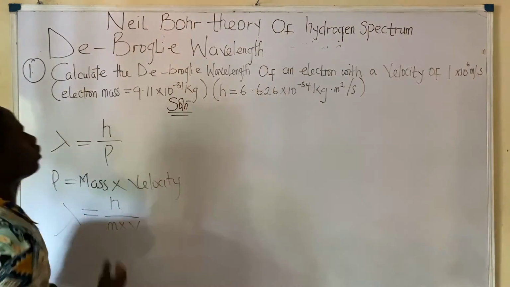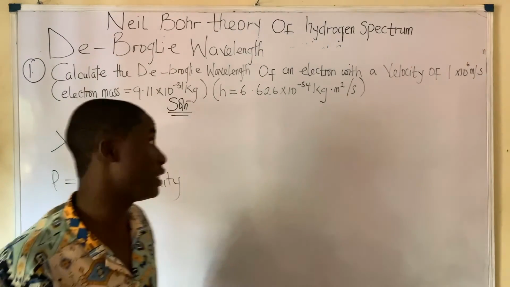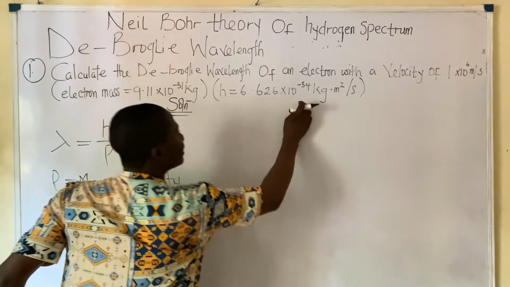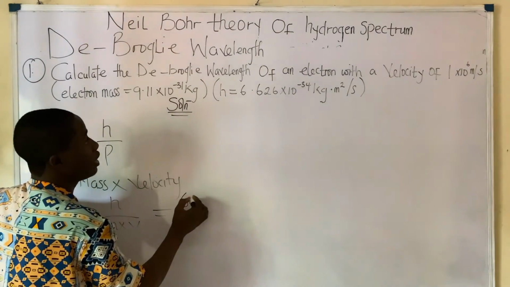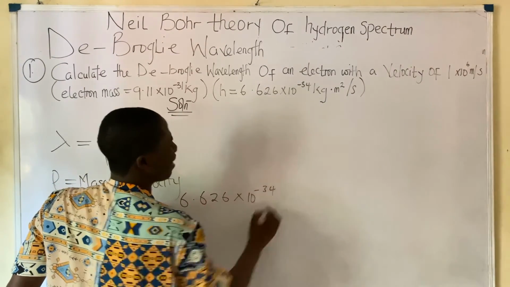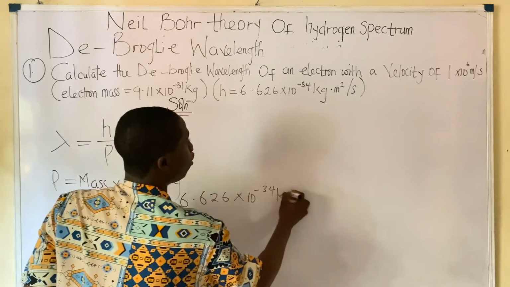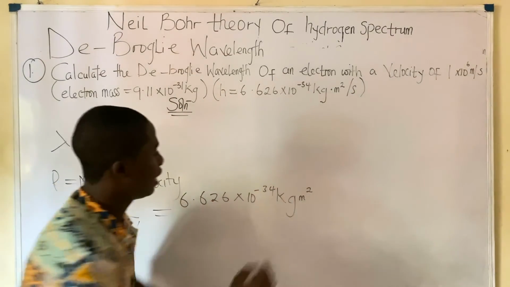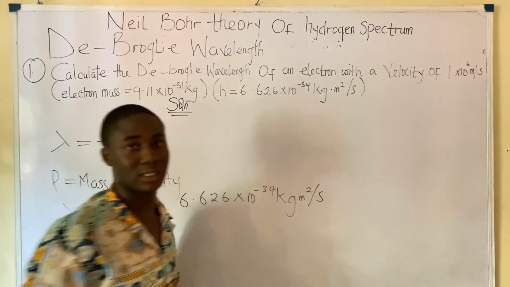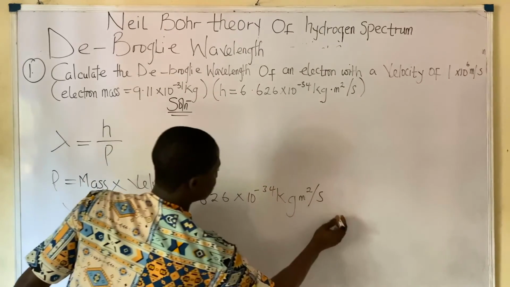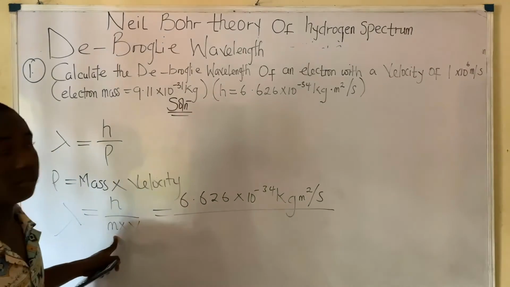In this particular question, they're asking us to get the de Broglie's wavelength. Very easy. Without wasting much time, let's just apply. Planck's constant is given, which is 6.626 times 10 to the power minus 34 kilogram meter squared per second, divided by the mass.